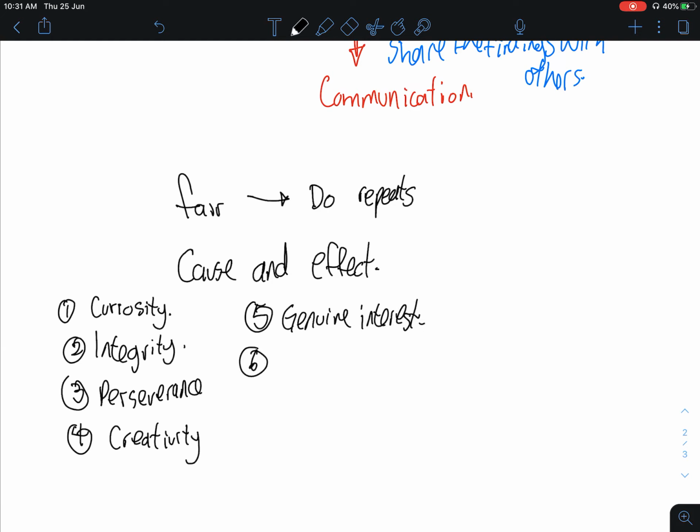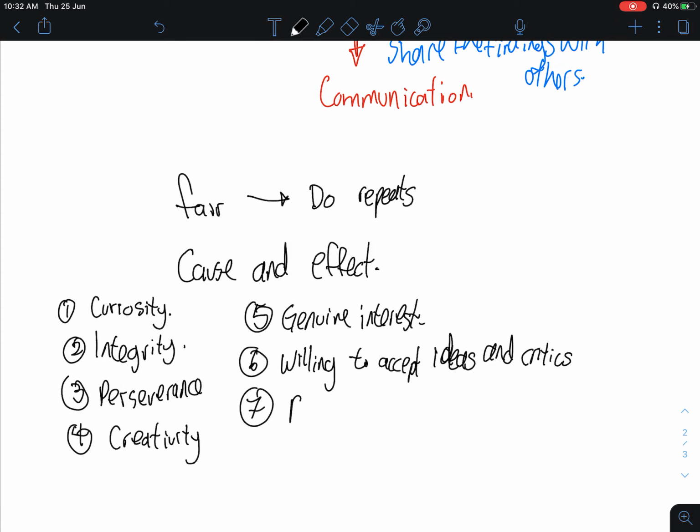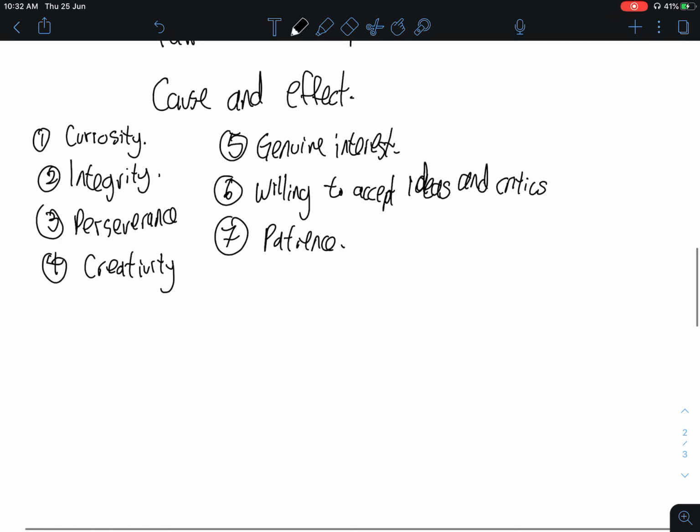And because everyone is doing experiments, you must also be willing to accept ideas and criticism from other people. And last but not least, you have to be patient, as some experiments are not like the ones you do in the science lab where it's very fast. It takes time. So these are some of the things to take notice of.